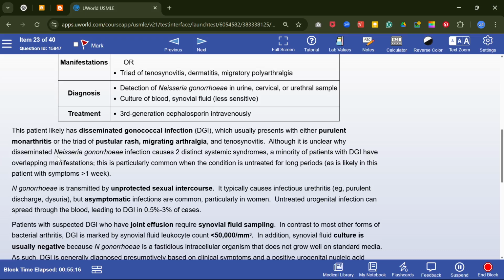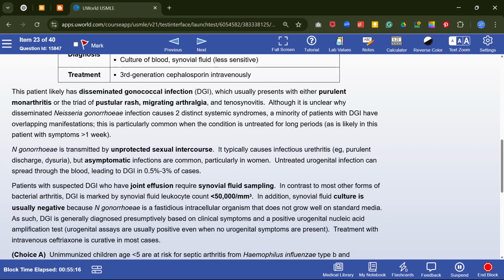In contrast to most other forms of bacterial arthritis, disseminated gonococcal infection is marked by synovial fluid leukocytes less than 50,000. In addition, synovial fluid culture is usually negative because Neisseria gonorrhoeae is a fastidious intracellular organism that does not grow well on standard media.